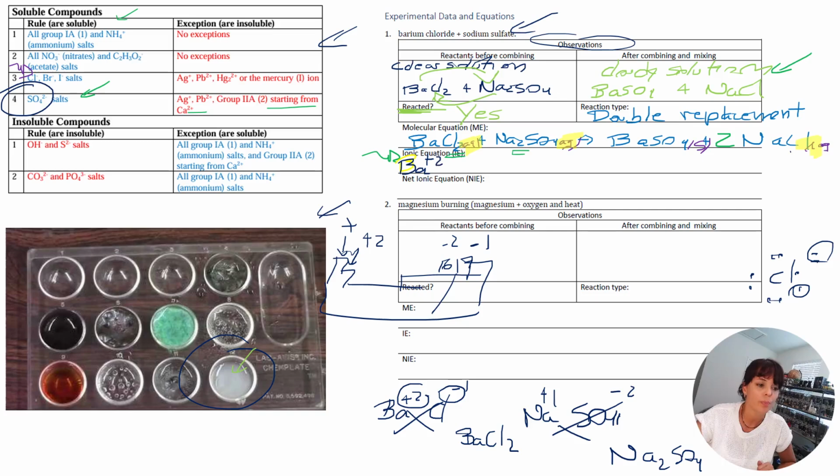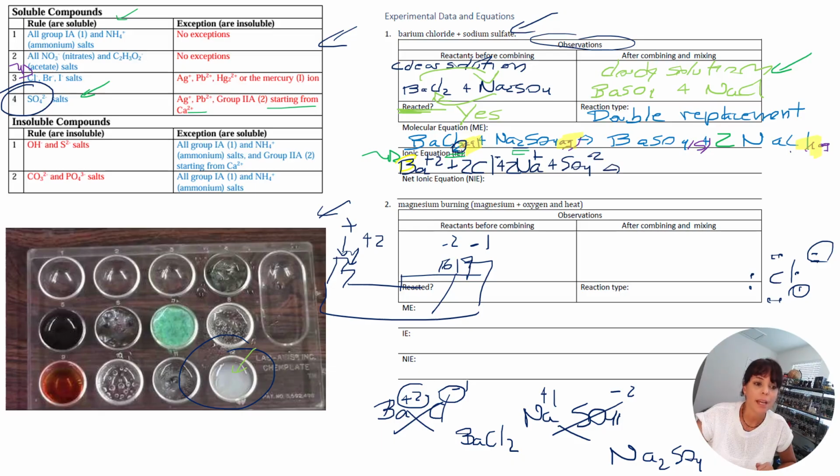Plus 2. Plus I have 2 chlorides now, right? 2 Cl minus. And I have Na, but I have 2, so 2 Na plus 1, plus sulfate, I only have 1, so it will be SO4 negative 2.